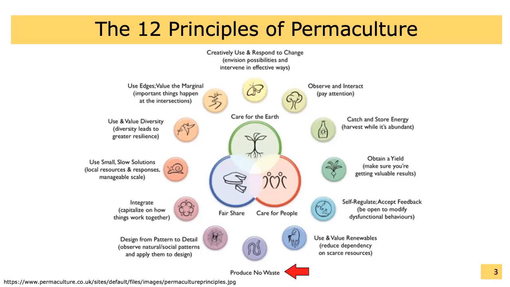Produce no waste. This principle recommends not letting anything go to waste on a permaculture farm. For example, composting should be used to turn farm waste, kitchen waste, and garden waste into organic and nutrient rich fertilizers. Similarly, grey water from kitchen, washing, etc., can be used for irrigation.